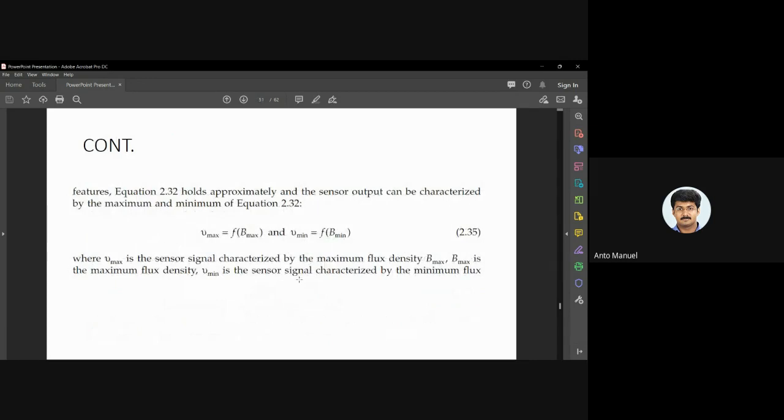And moving to the next slide. Obviously, we can say here that Vmax, the maximum output voltage, is the maximum of the function of magnetic flux. And the minimum voltage comes from the condition of f of B minimum, that means the minimum magnetic flux density produces the minimum voltage at the output.